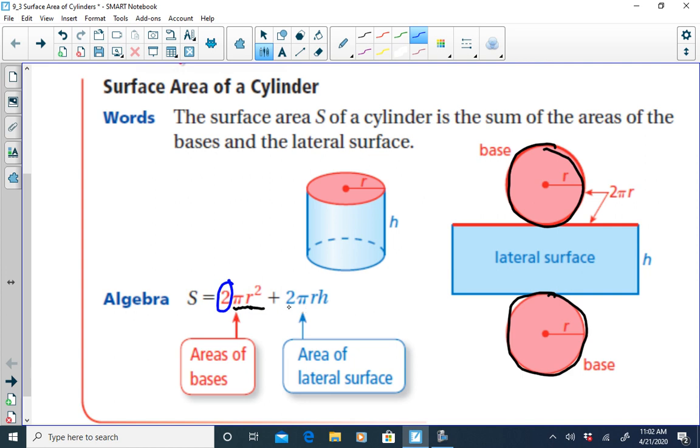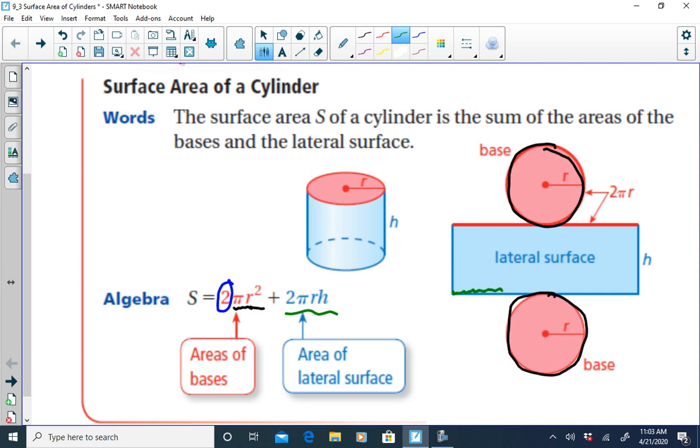But then let's look at the second part of our formula over here. When we unroll a cylinder, we actually form the shape of a rectangle when we unroll the lateral area of the cylinder. Now, that lateral area is made up of two parts. In the shape of a rectangle, we have the base of the rectangle.